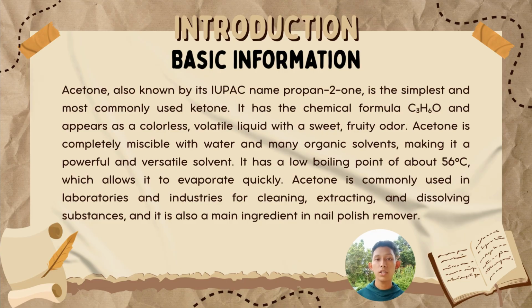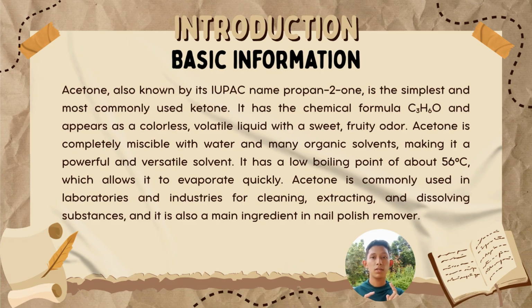Acetone, also known by its IUPAC name propan-2-one, is the simplest and most commonly used ketone. It has the chemical formula C3H6O and appears as a colorless volatile liquid with a sweet pungent odor. Acetone is completely miscible with water and many organic solvents, making it a powerful and versatile solvent.